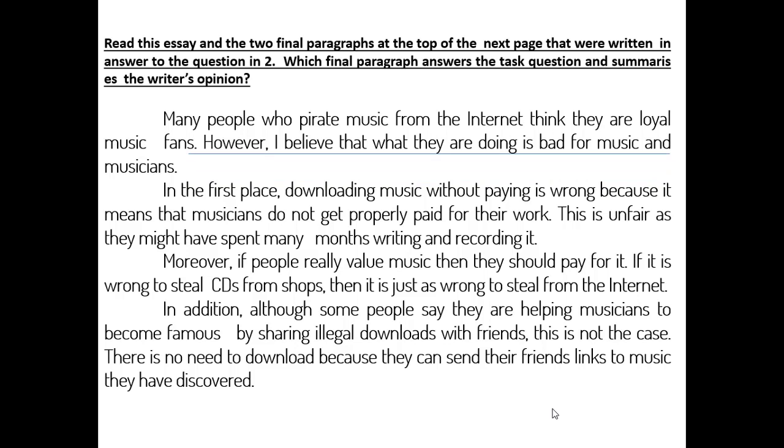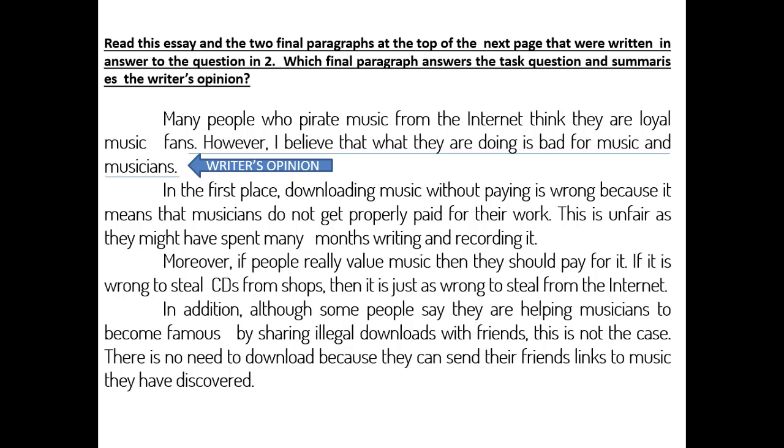Okay, the first writer's opinion from paragraph 1 is, "I believe that what they are doing is bad for music and musicians." It is clearly portrayed in the sentence by writing the words "I believe." What about paragraph 2 and so on?